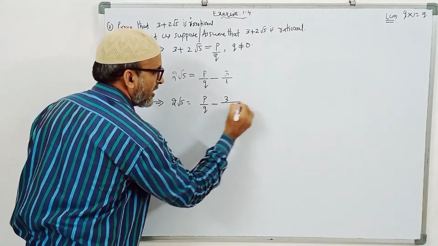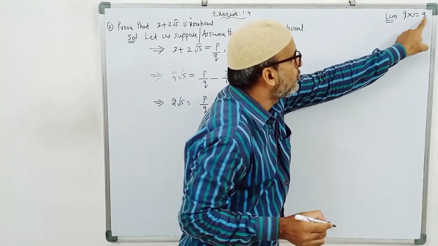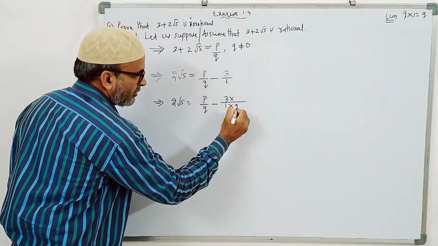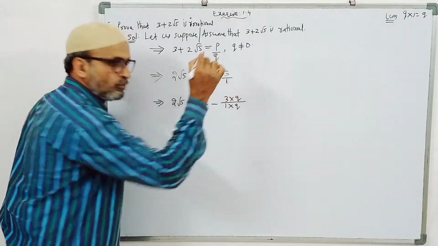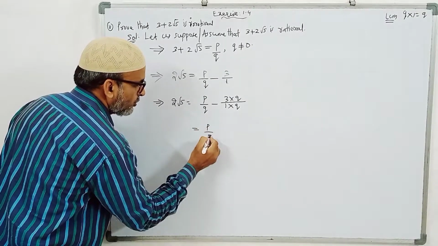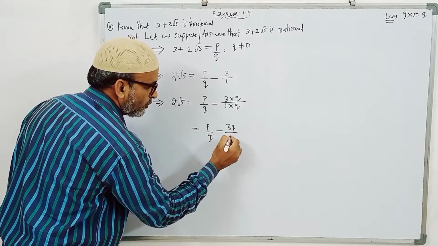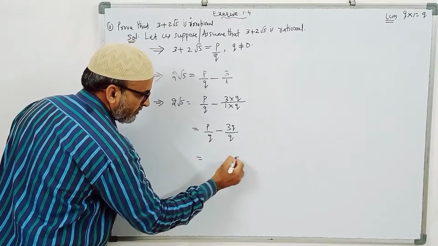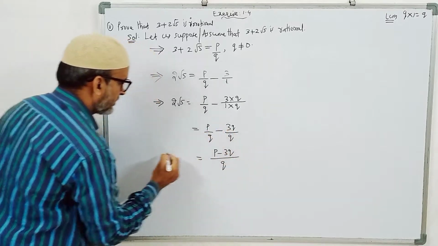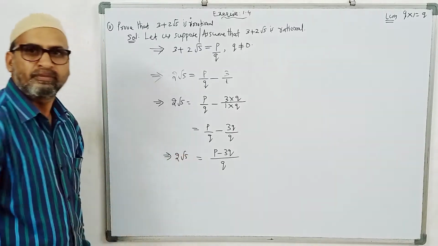Minus 3 by 1, multiply the numerator and denominator by Q, so 3Q by Q. Same denominator Q, so P minus 3Q.